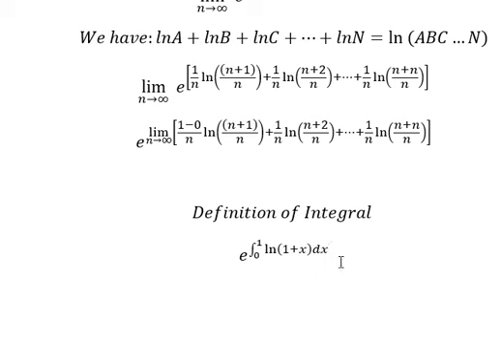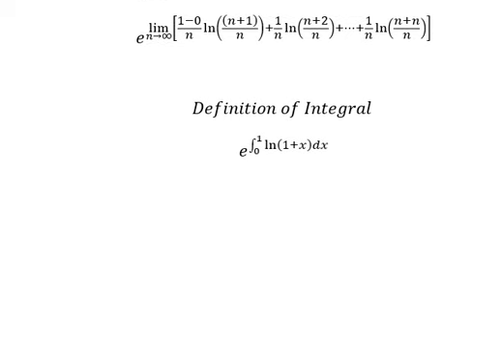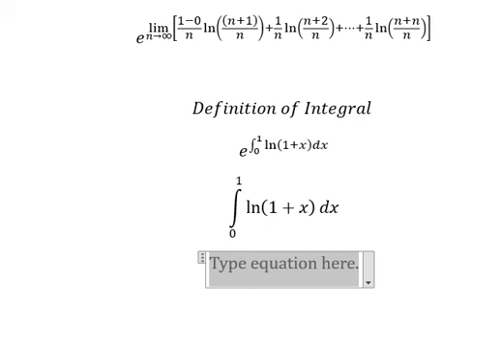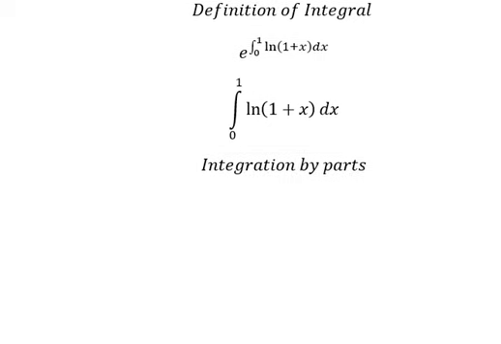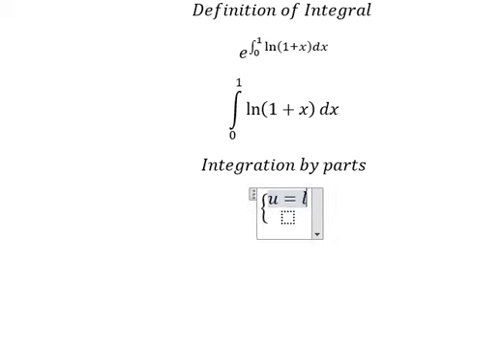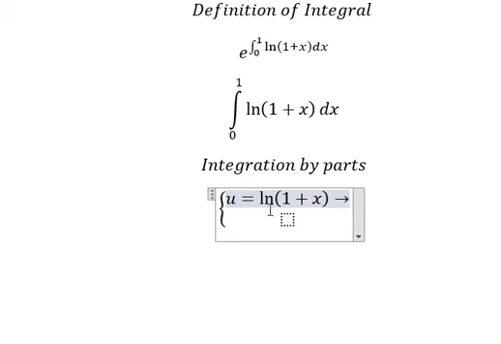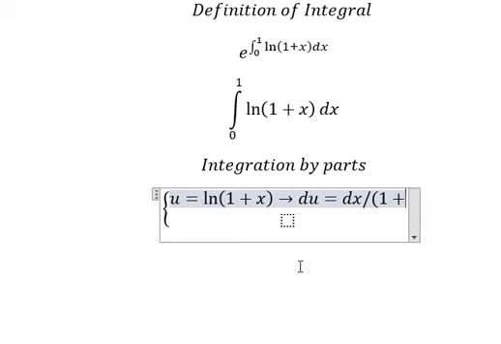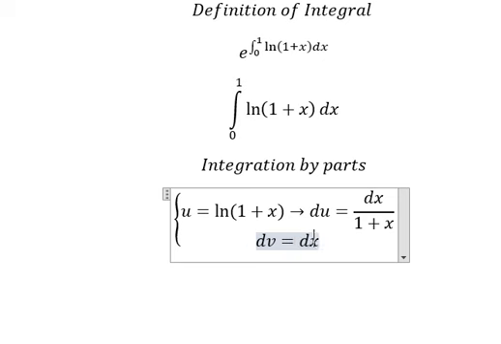Now we need to calculate this one. So we need to use integration by parts. So I will put u equals to ln of 1 plus x. Later that we need to do first derivative for both sides, and we have dv that is about dx.